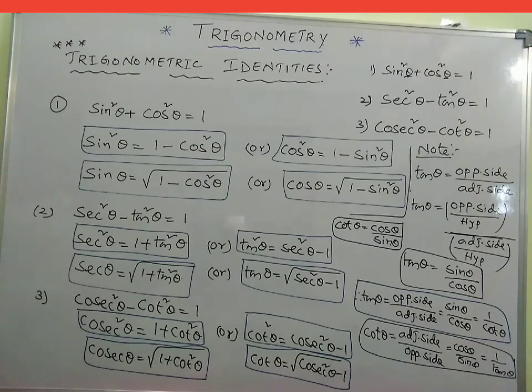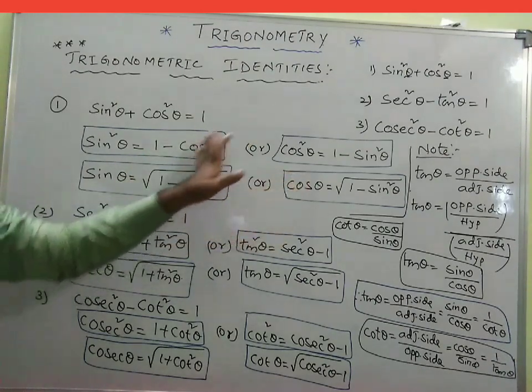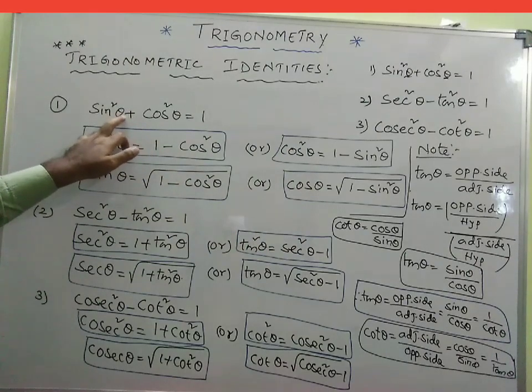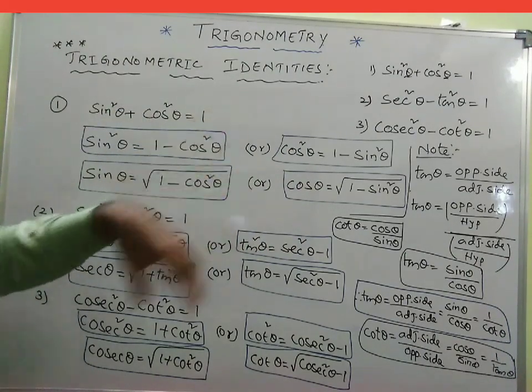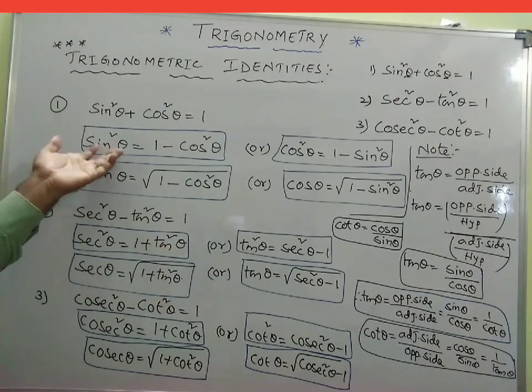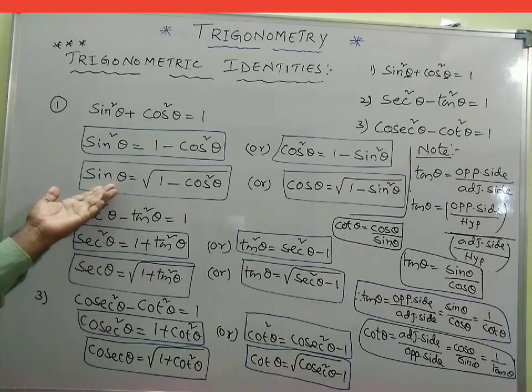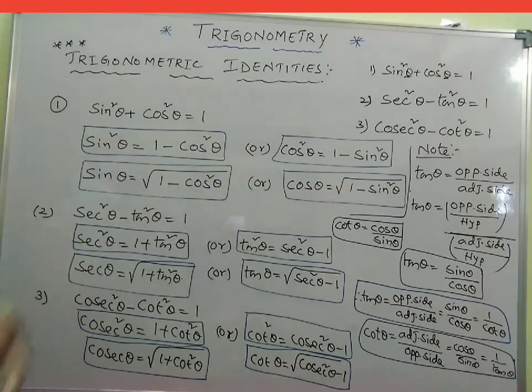See, this is the chapter, my dear, which involves many formulas. But to be frank, instead of remembering these many formulas, if you remember only the standard results, from these we can derive whatever you want. We can derive for sin square theta, you can derive for cos square theta. If not, you can write what is sin theta and what is cos theta.